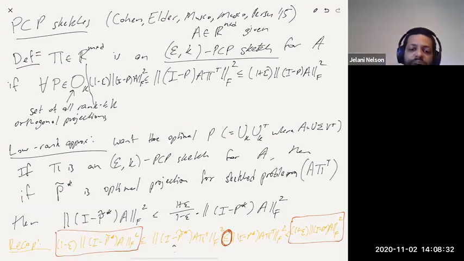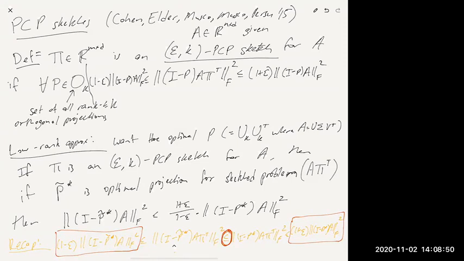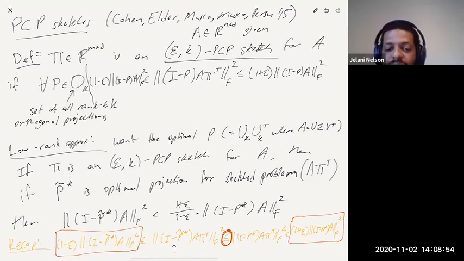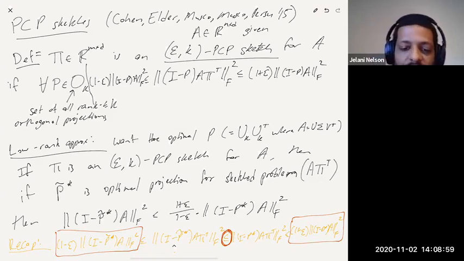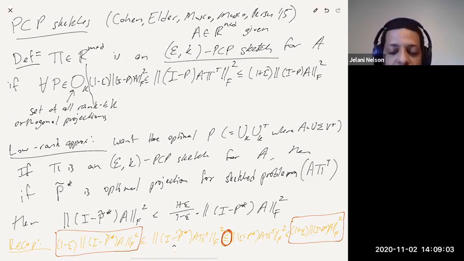When I have the sketched version for k-means, let's say, or some other constrained low rank approximation problem, it might be very hard for me to find p tilde star, the optimal projection for the sketched version, since k-means is an NP-hard problem. But maybe I have some approximation algorithm that lets me find some other p tilde that is not optimal, but is guaranteed to be at most alpha times the optimal.